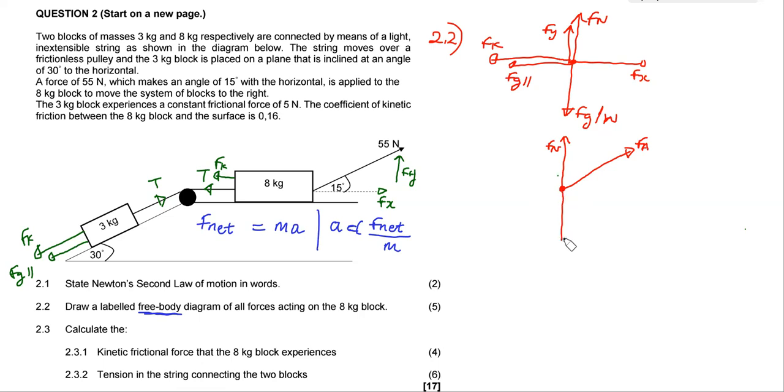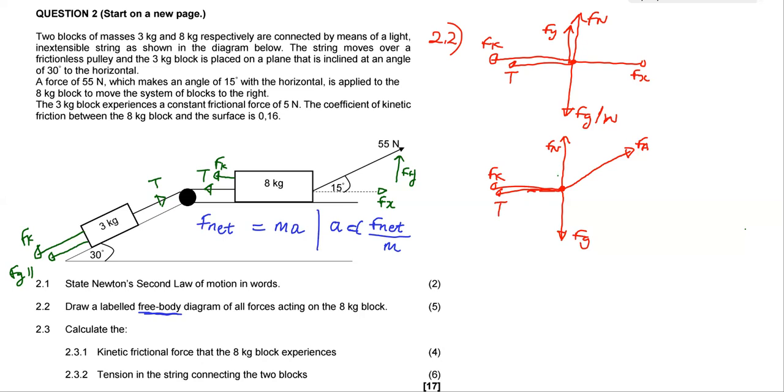Then we have your Fg, then our Fk going there, and also the tension. That's what you're seeing there.